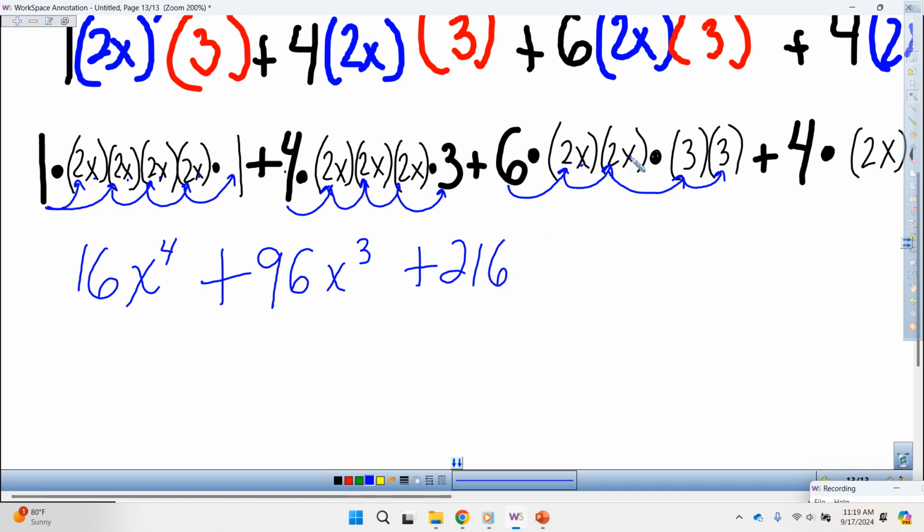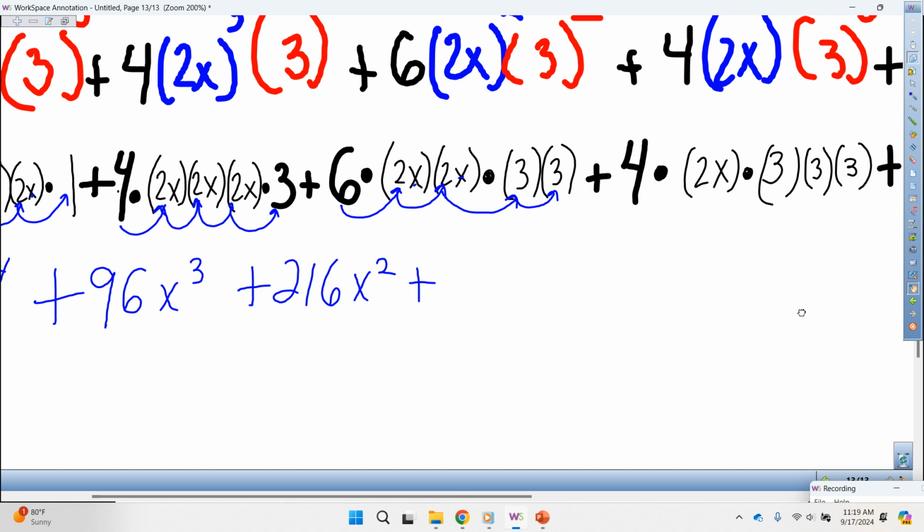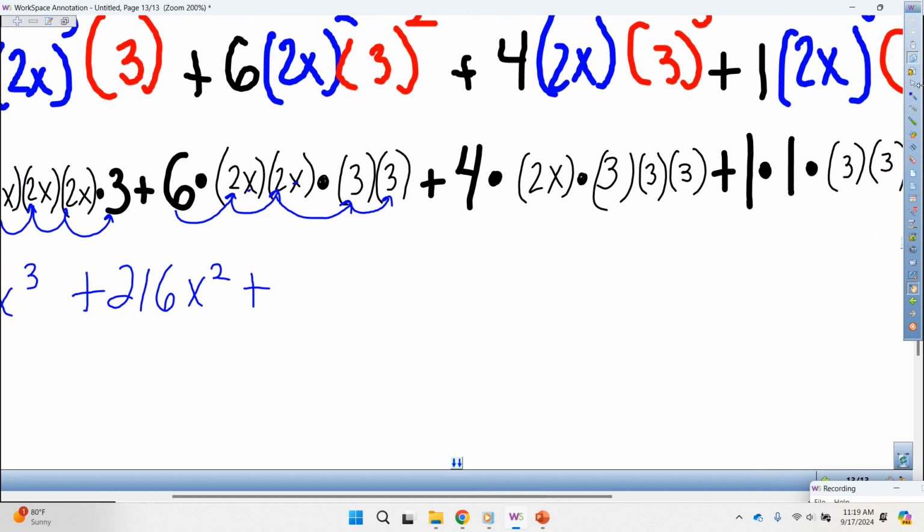What is x times x? X to the 2nd. Plus, go to the next term. What is 4 times 2? 8 times 3. 24 times 3.